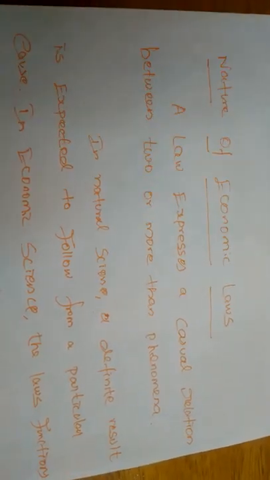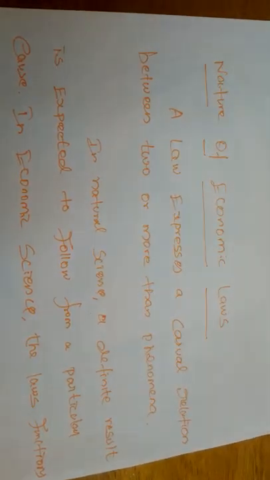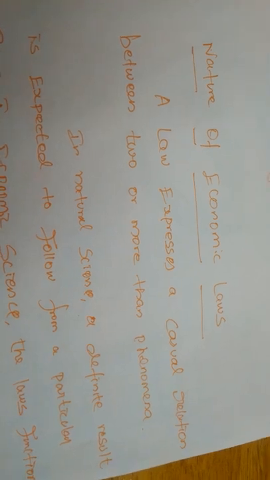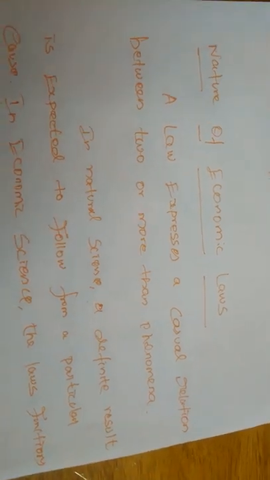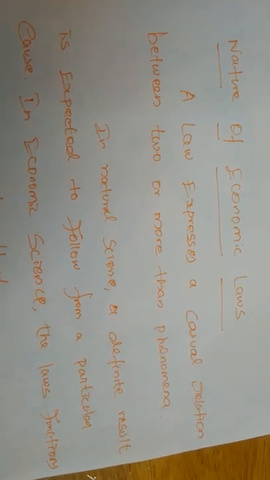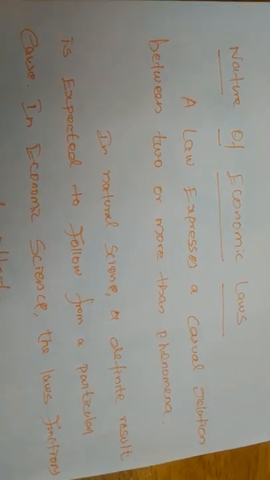Other things being equal, whenever some of the other reasons change, on the basis of that change the price of the commodity will increase. So when there are exceptions, we cannot accept this law as definite or accurate.